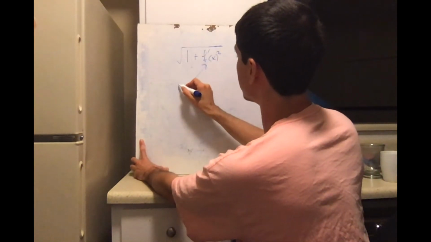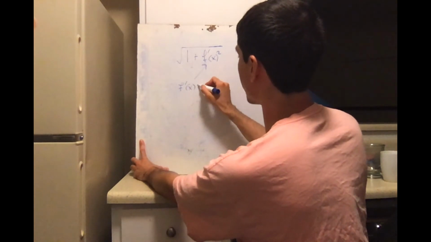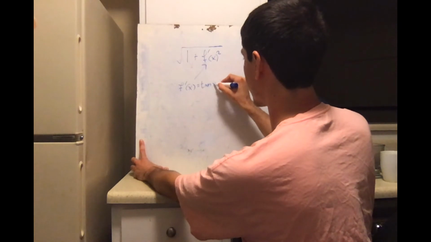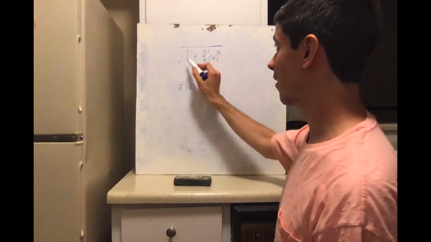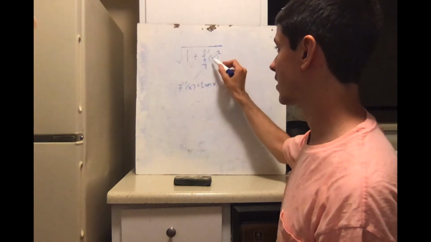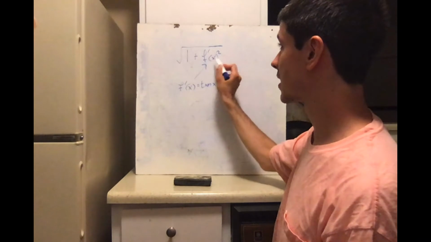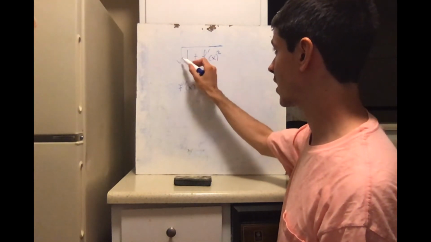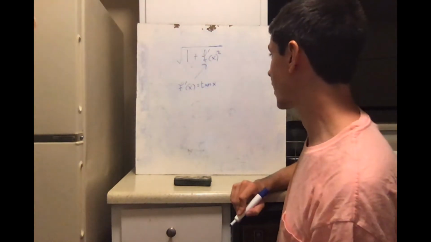What I have in mind is f prime of x equals tangent x, right? So if f prime of x equals tangent x, then we have the square root of 1 plus tangent squared x. Altogether, this is going to be the square root of secant squared x. It's just going to be secant x. So that's going to be good.